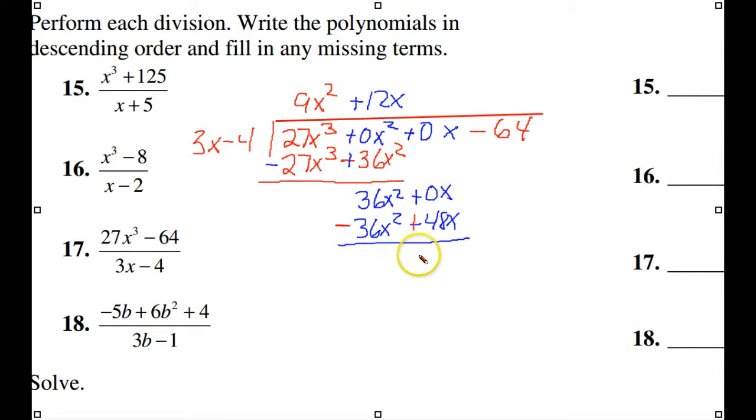So this becomes a 48x, and I bring down my negative 64. Now 3x goes into there 16 times. And this gives me 48x minus 64. Oh, it's working out very well. And we're going to change our signs. And everything comes out. And these are the factors of this, which is the difference of perfect cubes.